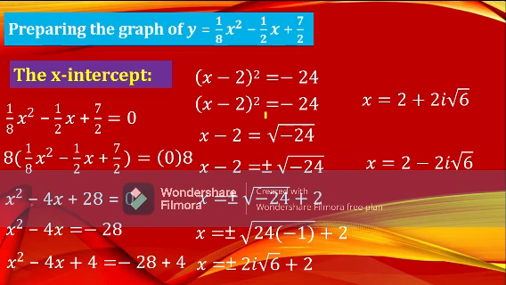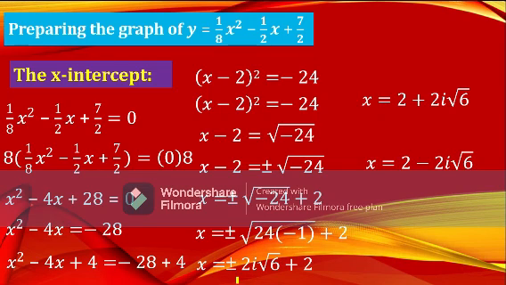(x − 2)² is equal to negative 24. Then x − 2 is equal to plus and minus the square root of negative 24. Then you will have x = ±√(−24) + 2. x = ±√(24 × −1) + 2. Remember, the square root of negative 1 is an imaginary number, and it is symbolized as a small letter i. That's why we have here a small letter i. Okay?